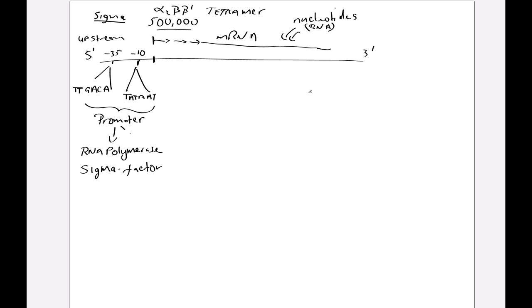And there are 2 kinds of transcription termination. One is rho independent, and one is rho dependent.